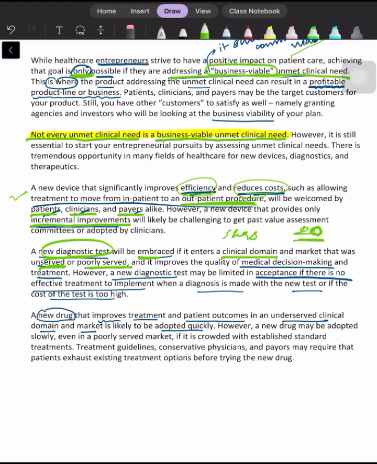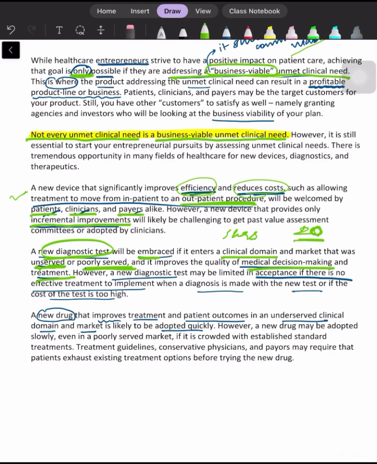That could be used as a business opportunity as well, to go there and launch your diagnostic test, and it improves the quality of medical decision making and treatment.